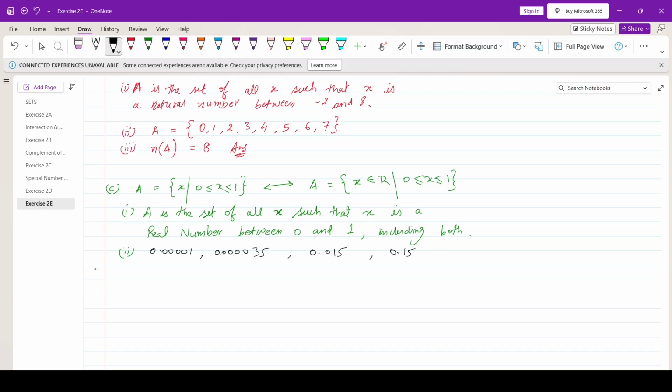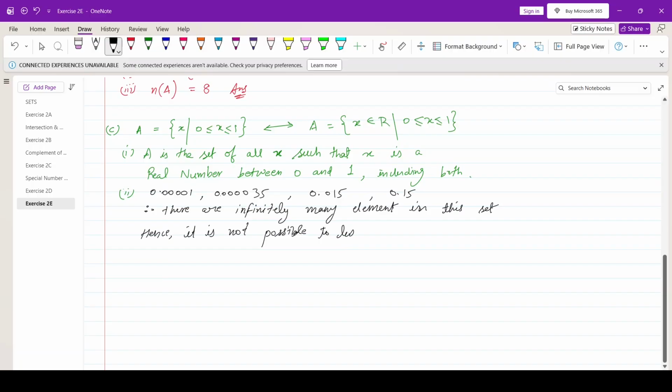So there are infinitely many elements in this set. Hence, it is not possible to list the elements of A.